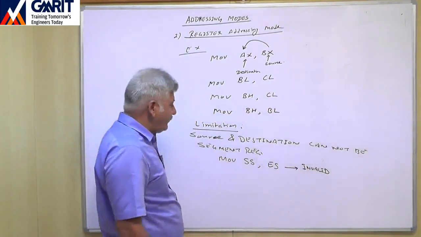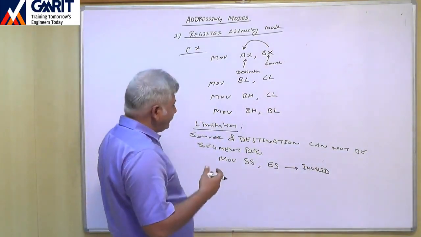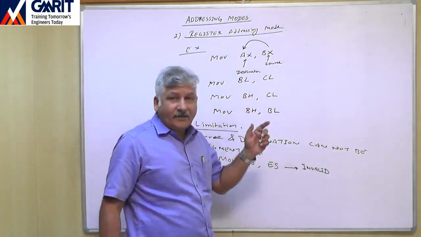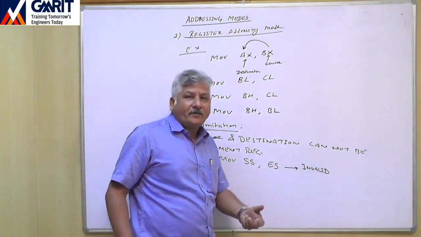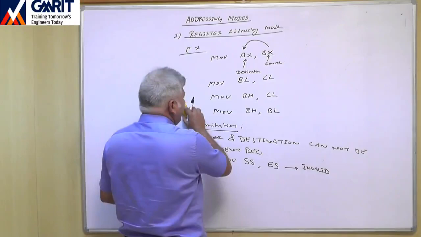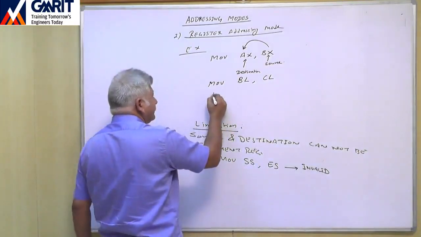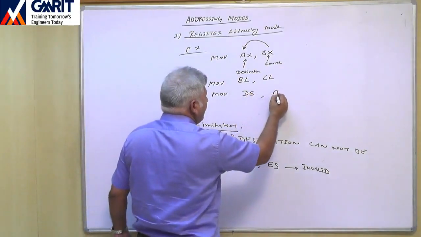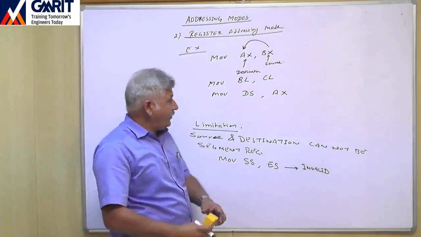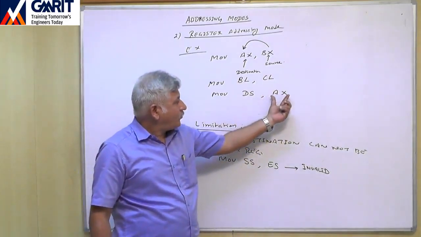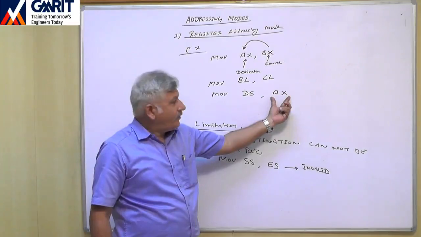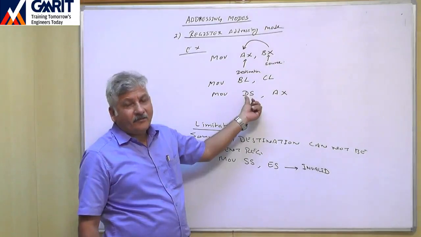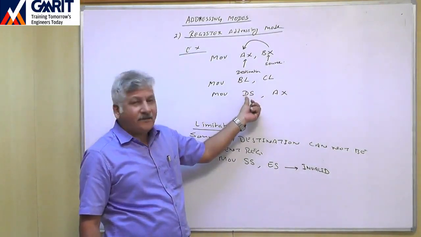Source and destination cannot both be segment registers, whereas out of the two, one can be a segment register. For example, move DS, AX. So here our source data is in AX. So this data will be copied in DS register, which is our data segment register. So destination is segment register.